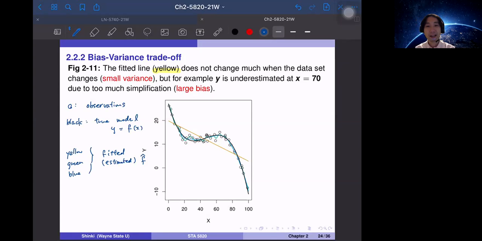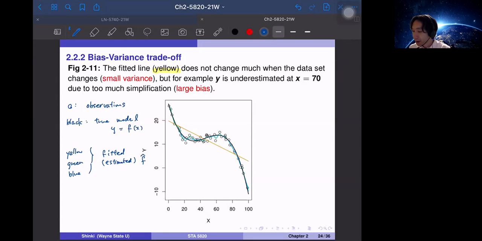And the green line changes a lot when we use another data set. So the yellow one has very small variance and the green one has very large variance. But the green one picked up all the patterns. So if we don't know the truth, the green one is the most flexible, so the bias is smallest.